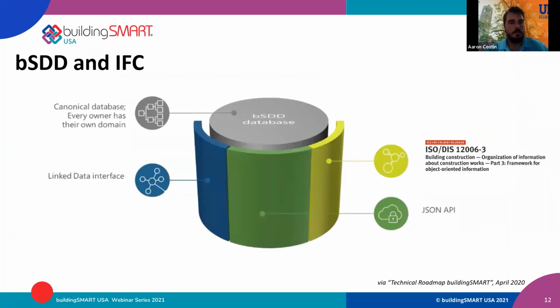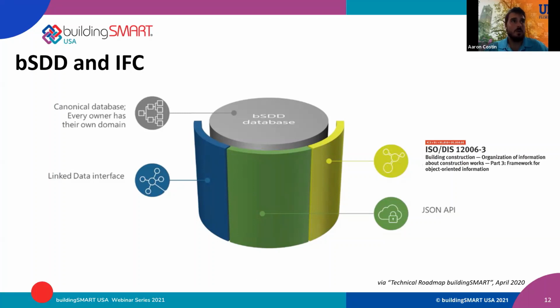And because it's part of buildingSMART International, it has multiple interfaces with things. As we saw, there are ways to represent the data. In and of itself, the bSDD has very canonical databases, so it's mathematically driven.